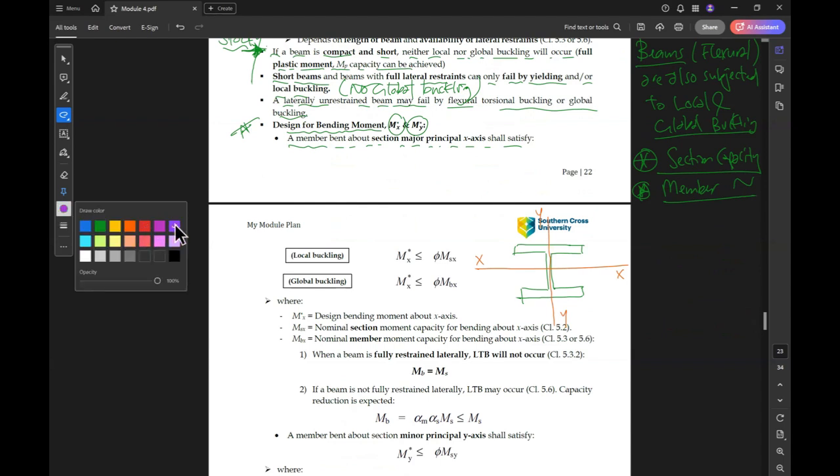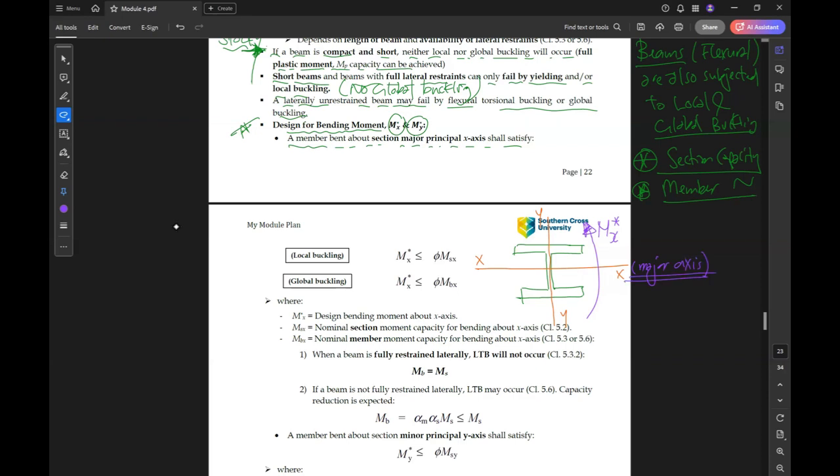The moment about the X axis is called MX star. Here X is our major axis because it has the bigger I. So IX is bigger than IY, so X is the major axis.